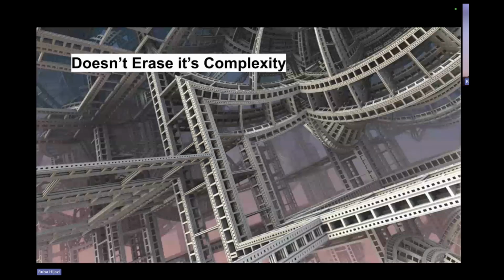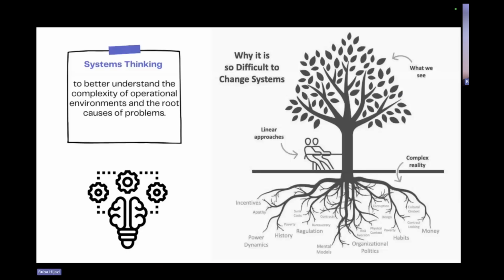Also, sometimes we pretend that the problem is simple. We think about a small part of the problem, but all of the challenges that we are facing are part of a system, and this system is complex. So it's important for us to think about its complexity from the very beginning, and to think about all of the roots of the challenge that we are facing.